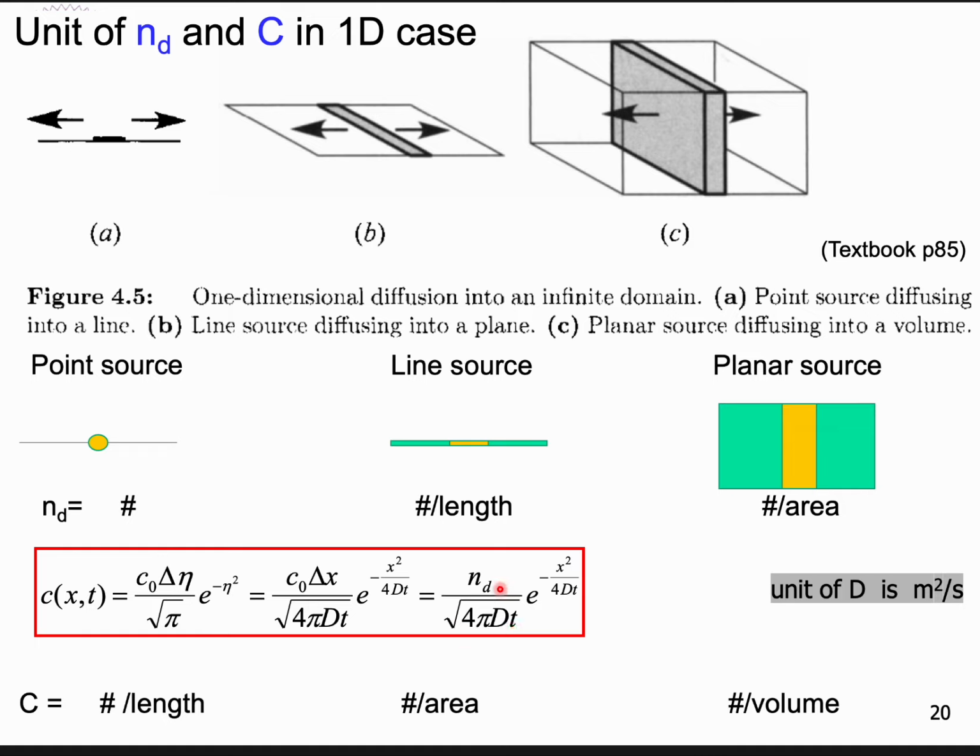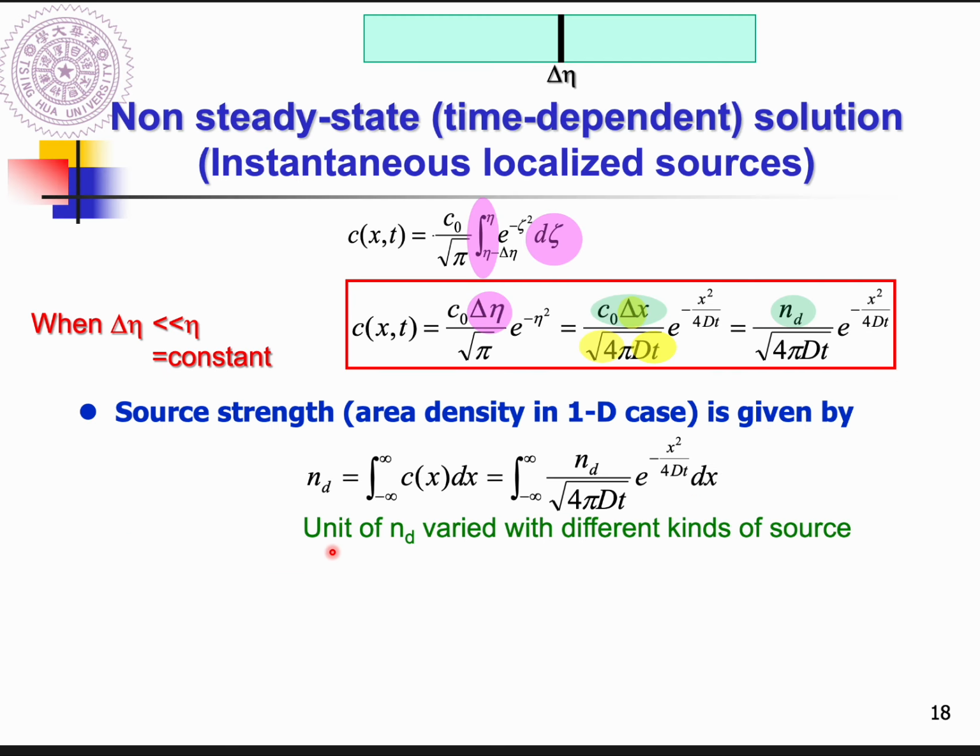So you use the ND divided by the distance to get the concentration, right? For the point source, the concentration after calculation is the number of diffusing atoms per length. This is per area, and this is per volume. So this is what it means: the unit of ND will vary with different kinds of source. And this is the one-dimensional diffusion case.